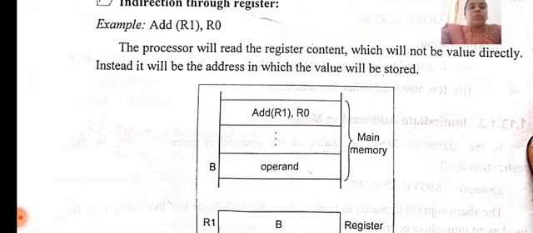That is, the processor reads the register content R1, which contains the address where the value is stored. That is called indirection through register.